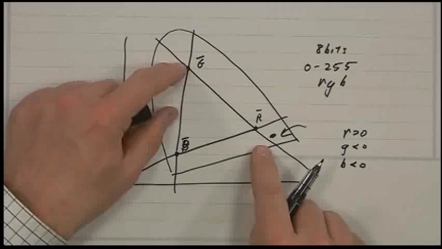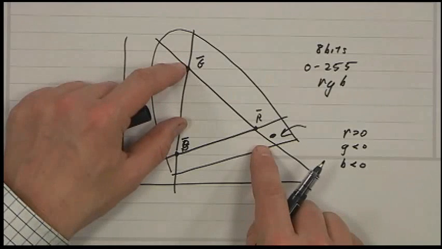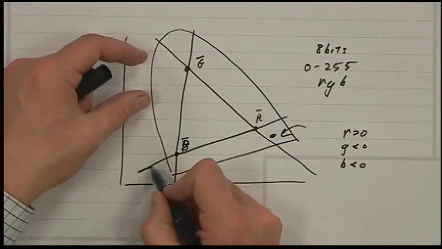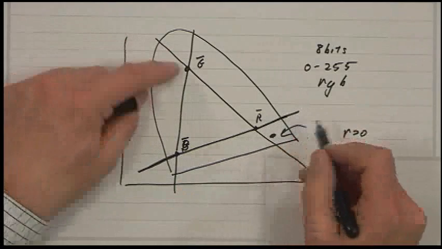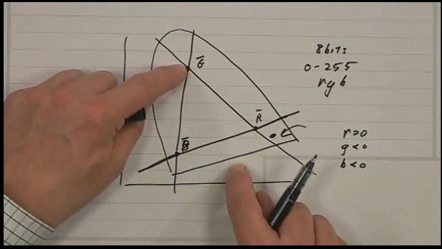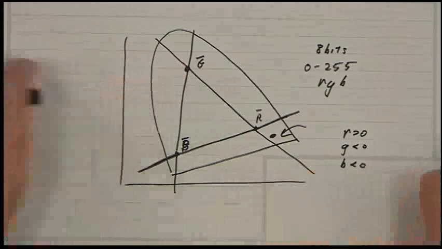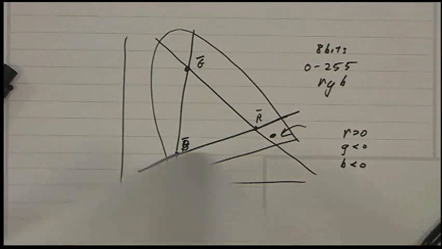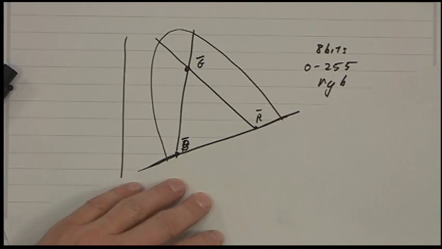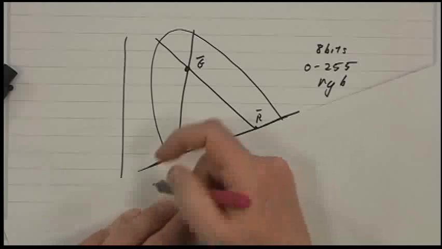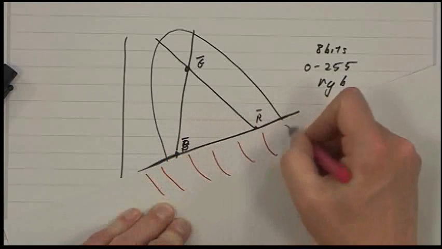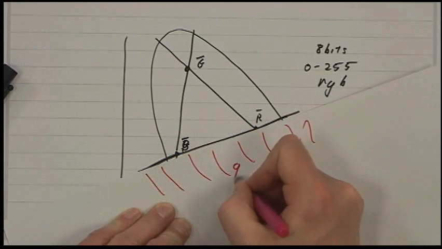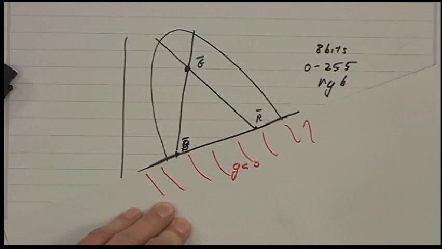G is going to be less than 0 because everything out here along this line is where G is less than 0. So this whole section here that I'm marking is G less than 0.